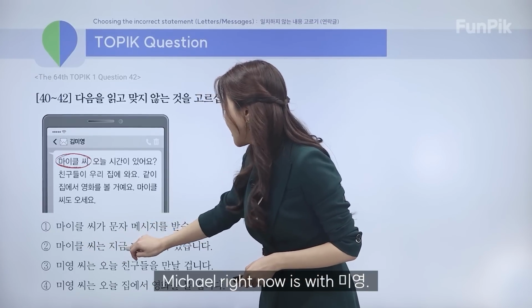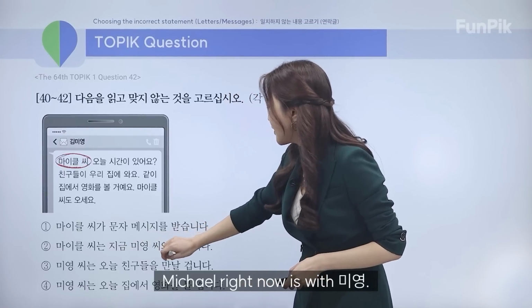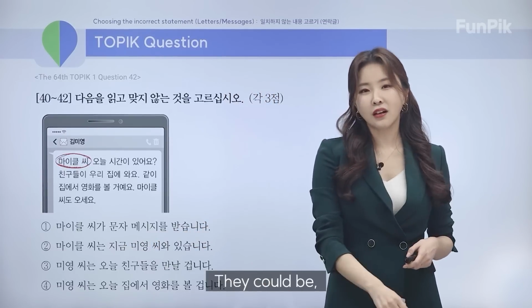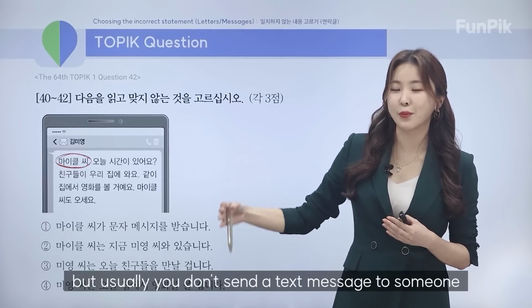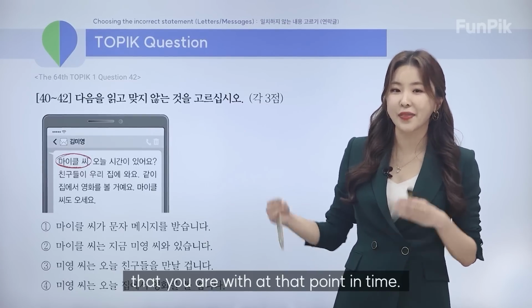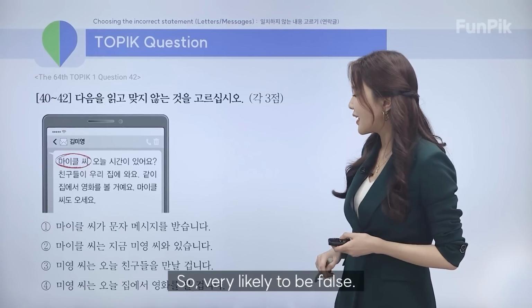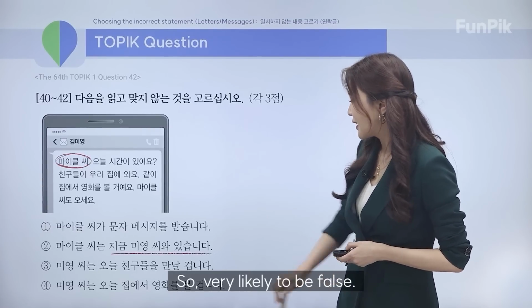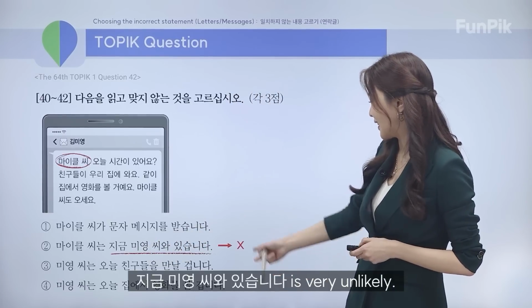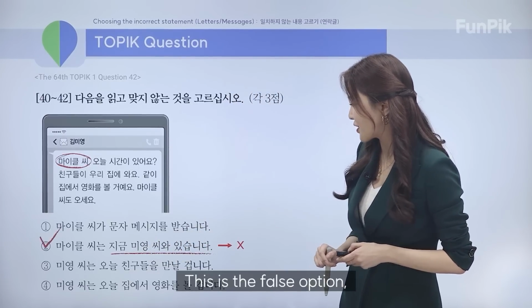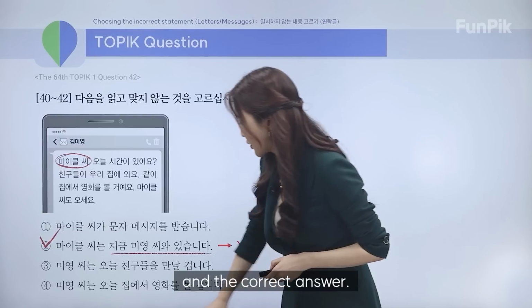Michael, right now, is with 미영. Well, they could be, but usually you don't send a text message to someone that you are with at that point in time. So very likely to be false. 지금 미영 씨와 있습니다. Very unlikely. This is the false option and the correct answer.